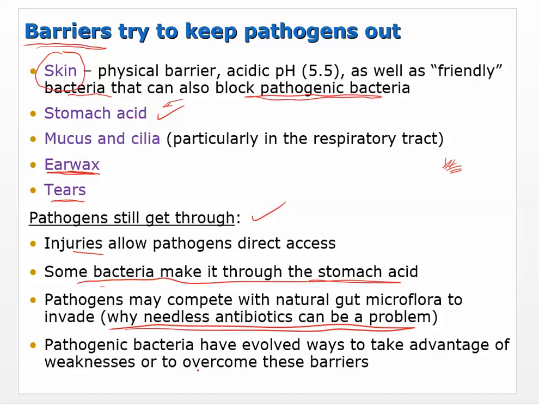Because if they do have any of these opportunistic pathogens in there, then all of a sudden you're killing off your microflora, the healthy stuff, or the stuff that your body knows what to do with. Some of it's helpful, some of it just makes no difference at all. But you kill that off, and then you suddenly give a pathogen a place to live, divide, and infect. Okay, so overall, we know this has to be true, otherwise nobody would get sick. But pathogenic bacteria have evolved ways to take advantage of weaknesses or to overcome these barriers.